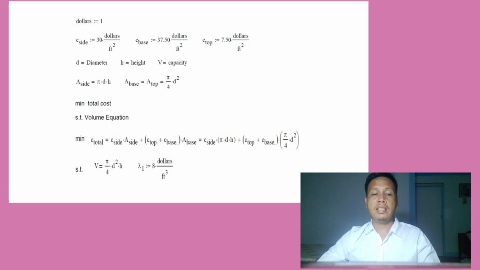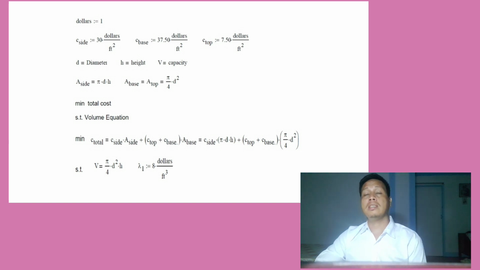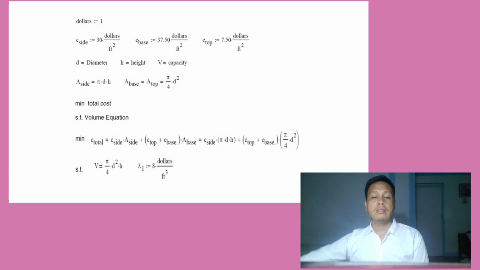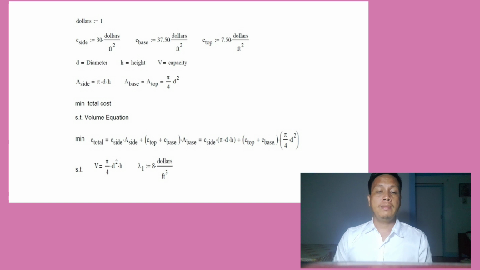These are the parameters. So the area of the side, which is the area of the cylinder, is pi d h, and the area of the base equals the area of the top, which is pi d squared over 4, the area of a circle. So minimize total cost subject to the volume equation, of course.